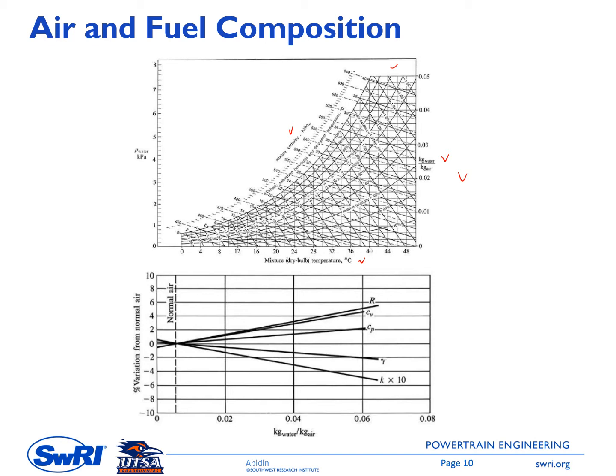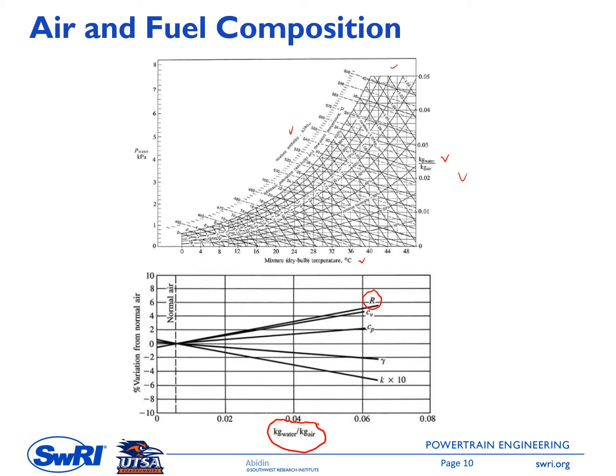What is the impact of the water content on the properties of air? This chart is showing an example of the water content impact on the properties of the air. In this case we have R, so you can see here that the gas constant of air increases with the increase of water amount inside the air. The horizontal axis here is the ratio of water mass to air mass.